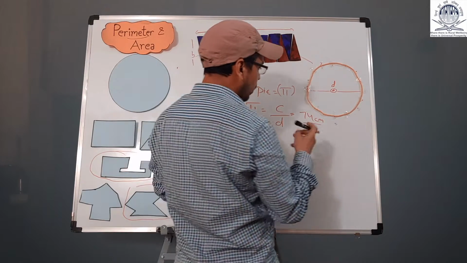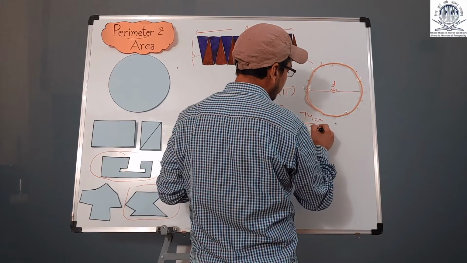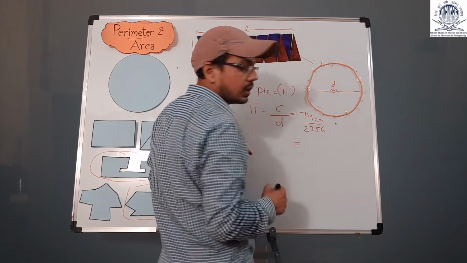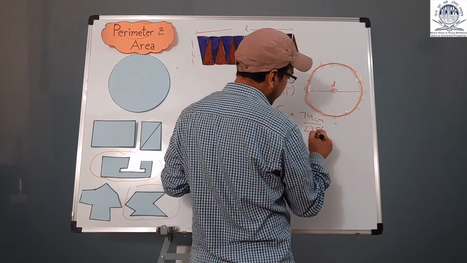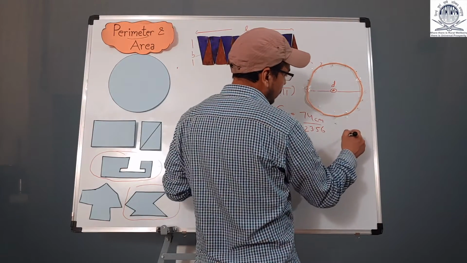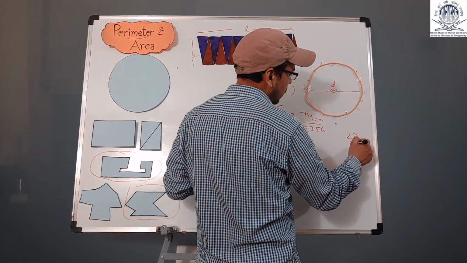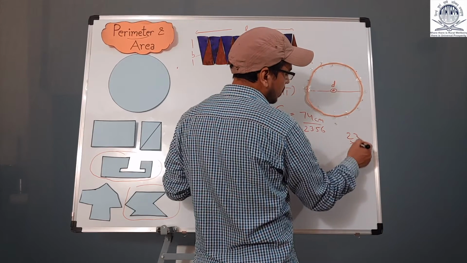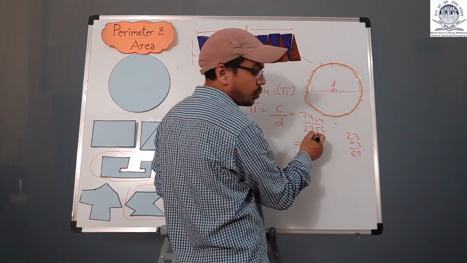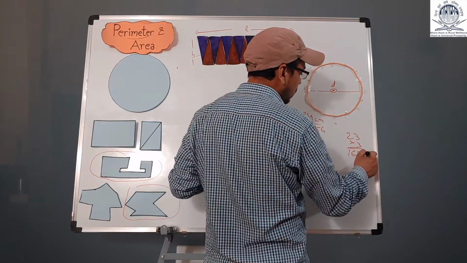So I'll divide 74 by 23.56, and when you divide using your calculator or actual division, we'll find this value will come approximately, and you can even do it like this: 23 times 3, 3 3s are 9, 3 2s are 6, 69, and obviously this 0.56 will increase the value.